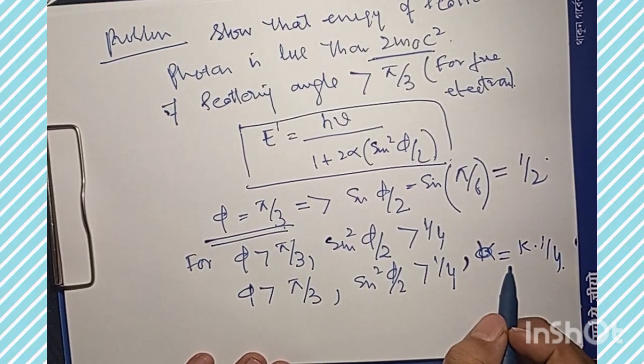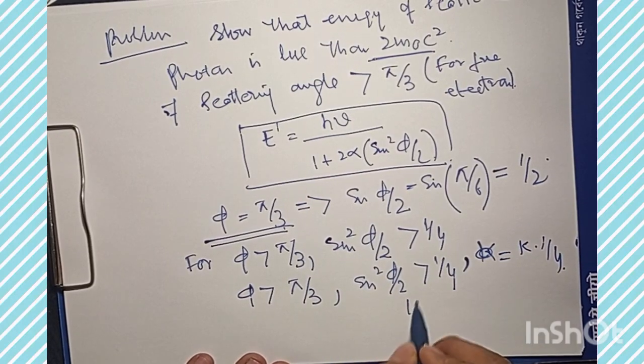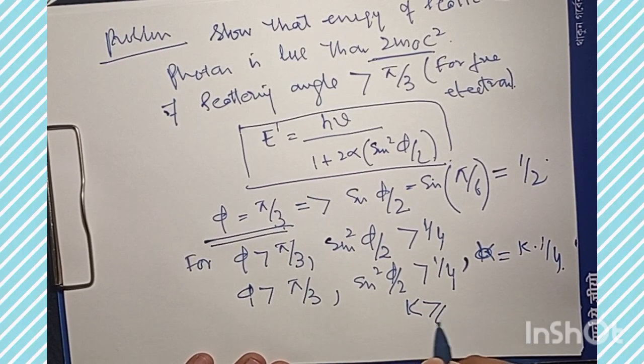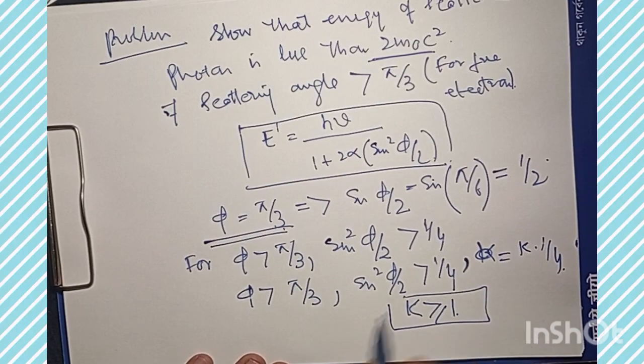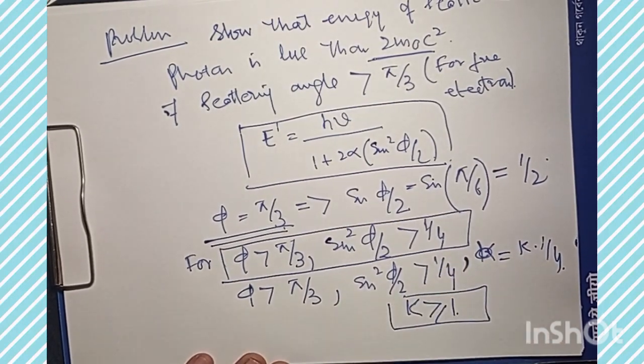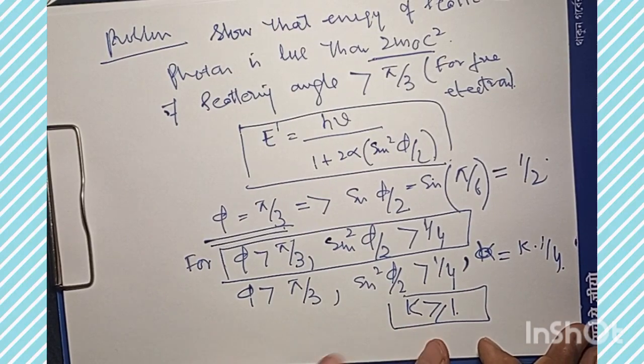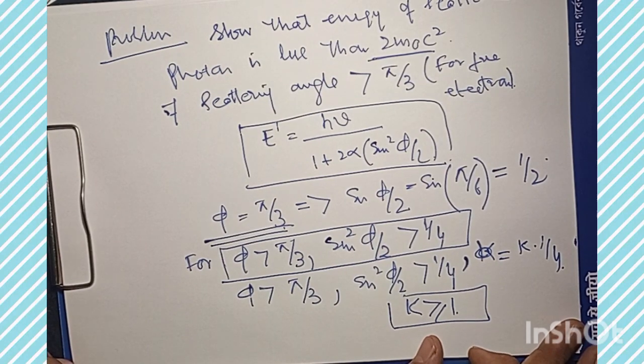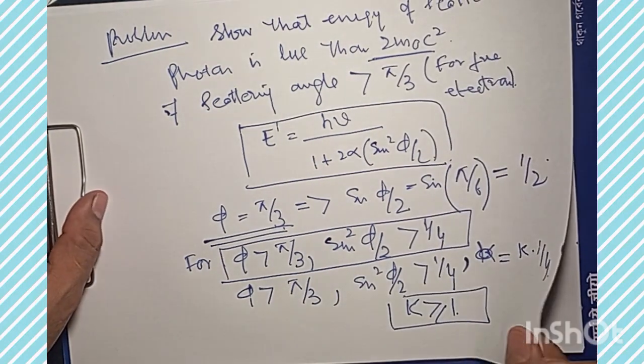But what's the condition for k? This k has to be always greater than or equal to 1. Only then the above condition can be satisfied. So let's use this condition for sine square phi by 2 in this equation and see what happens.